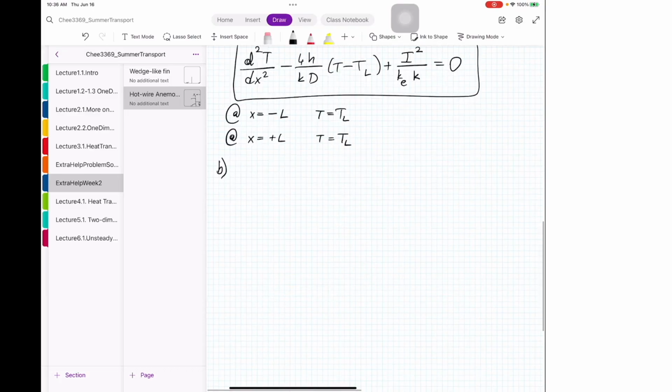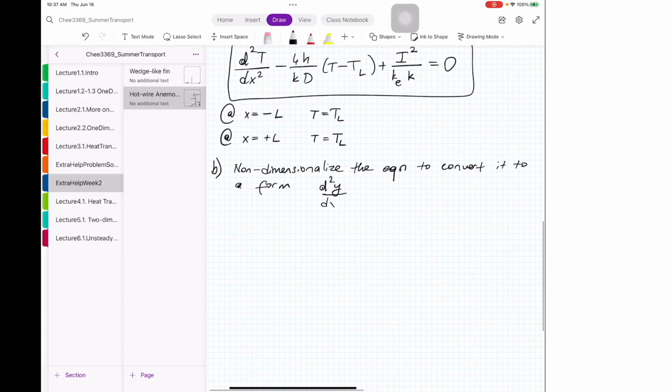Non-dimensionalize the equation to convert it to a form d squared y over dx squared plus ay is equal to b, and solve the equation by applying the relevant boundary conditions.